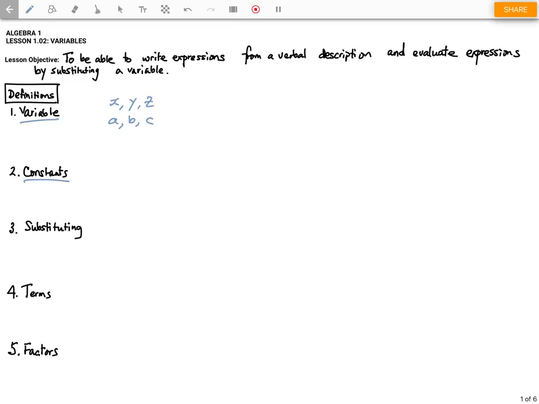Symbols such as 14, 7.8, 3/4, which stand for the same number all the time, are called constants. So a constant remains like what it says, constant. It doesn't change.